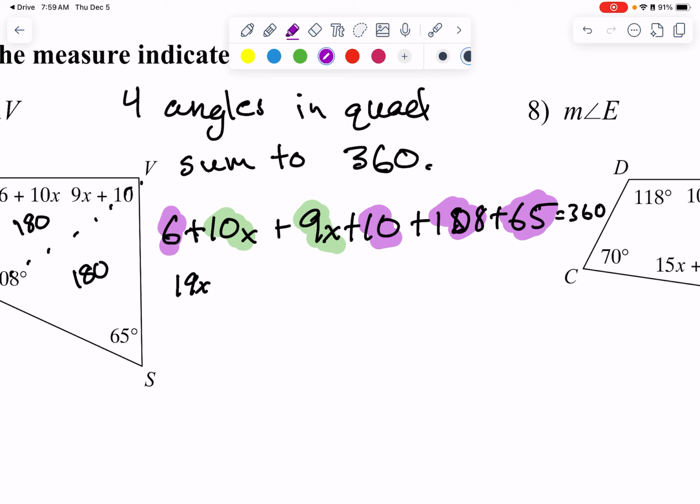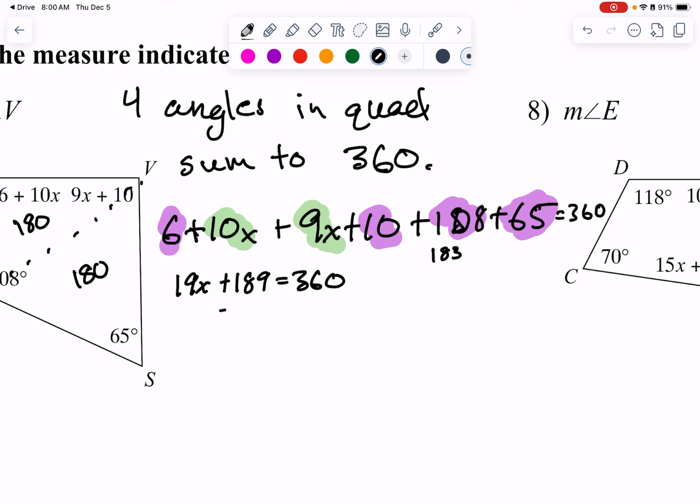The 10, 108, and 65, that side is going to be 183. But then we also have the 6 added to that, and that will give me 189. So 19x plus 189 equals 360.